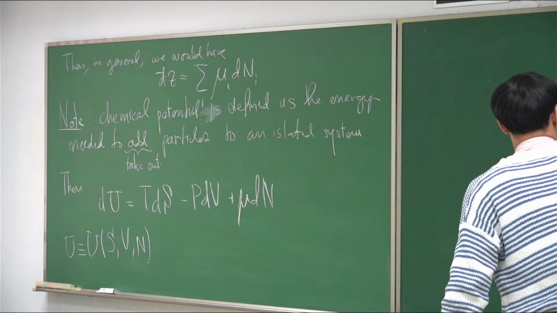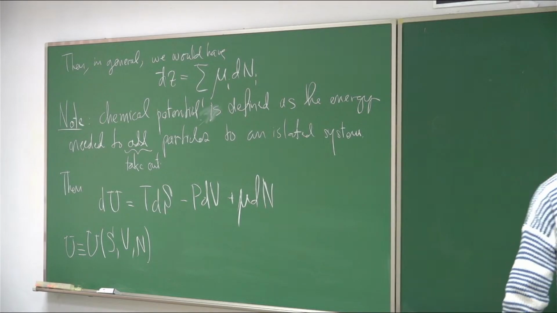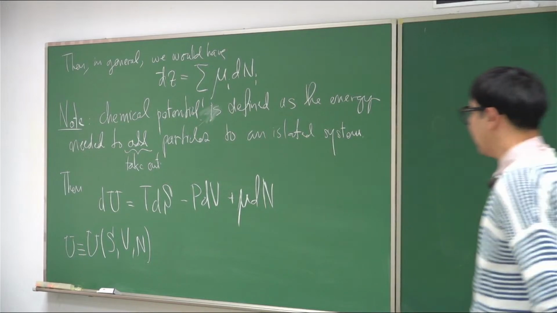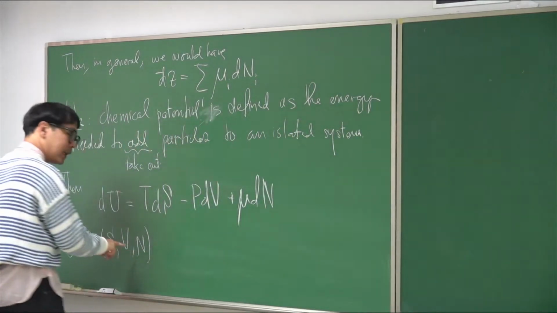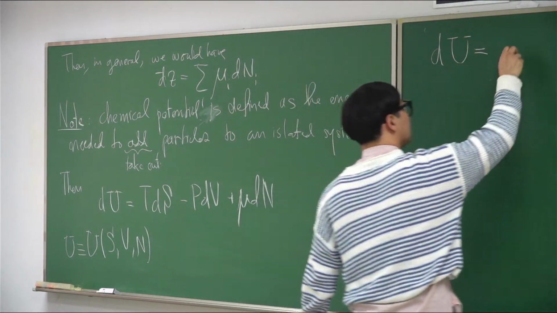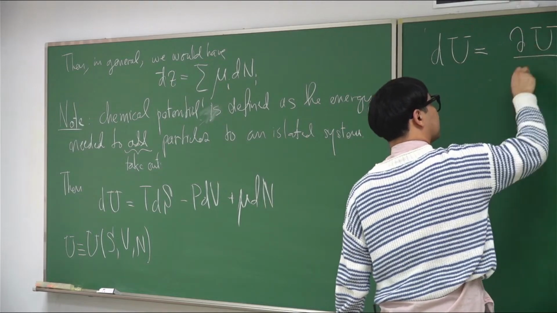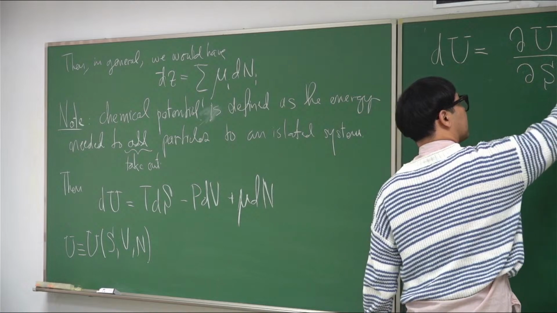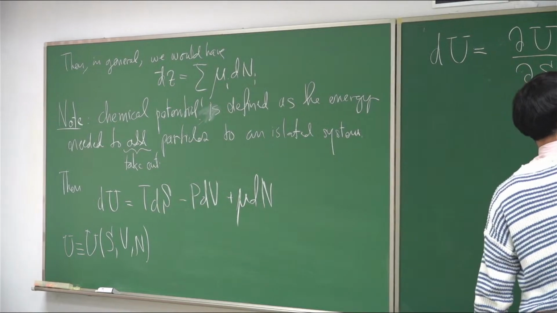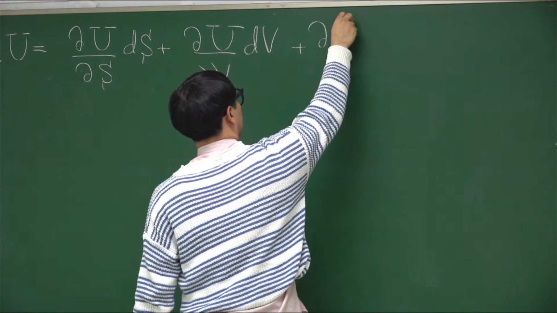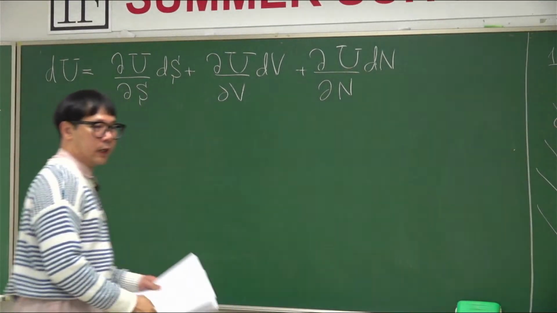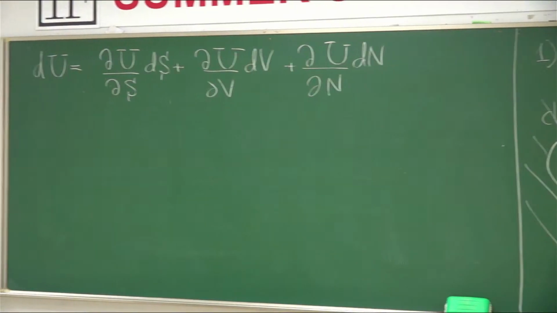But actually, once we know that this U is a function of the three variables S, V, and N, it means that if you consider this dU, then you're going to have this equation, right, which is very trivial.